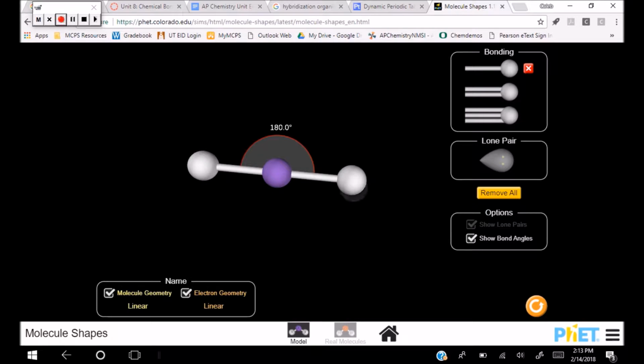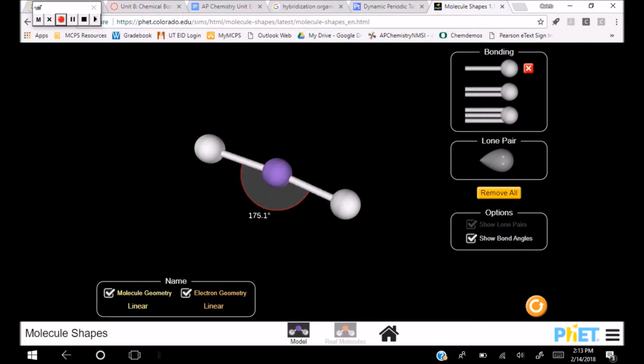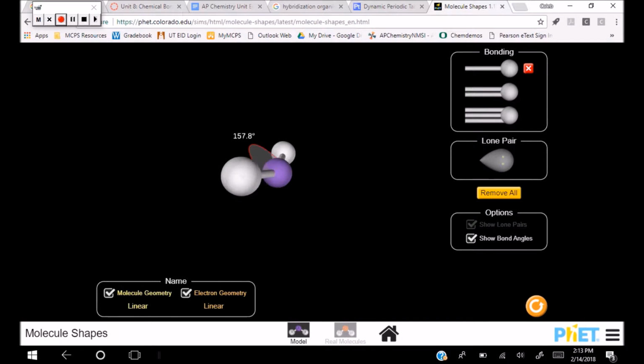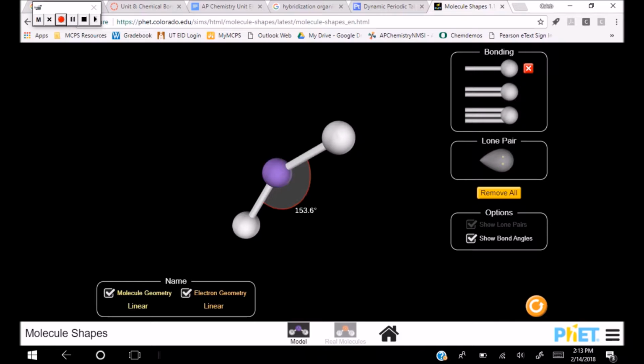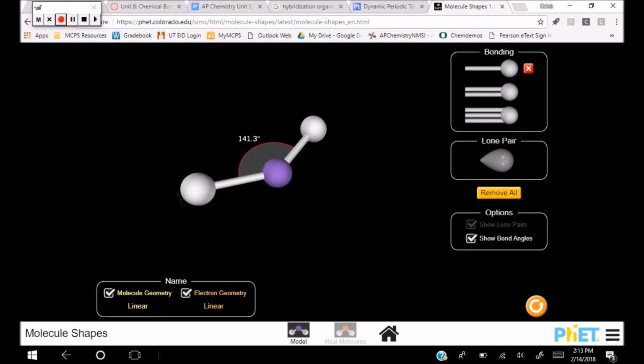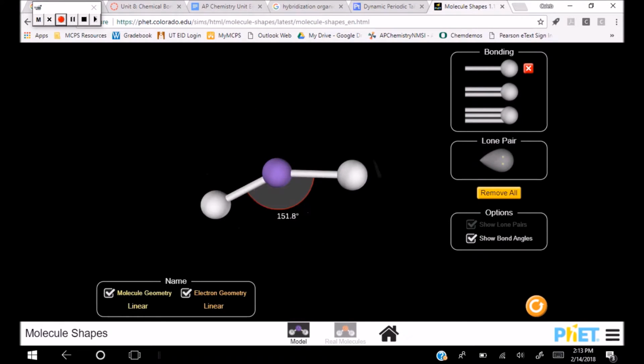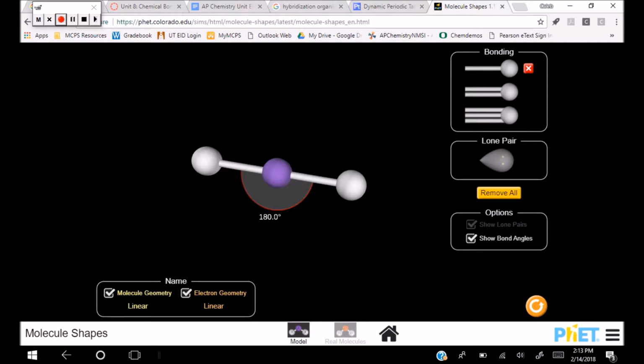And you'll notice that if I try and grab one of the atoms and try and move it closer, I temporarily decrease my angle, but they naturally push away from each other, which is really cool. And the minute I let it go, it goes back to 180, because that's the furthest possible distance. So this molecule geometry is referred to as linear.